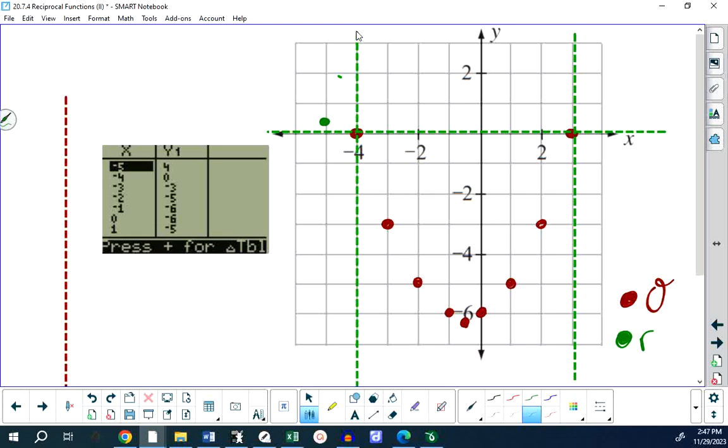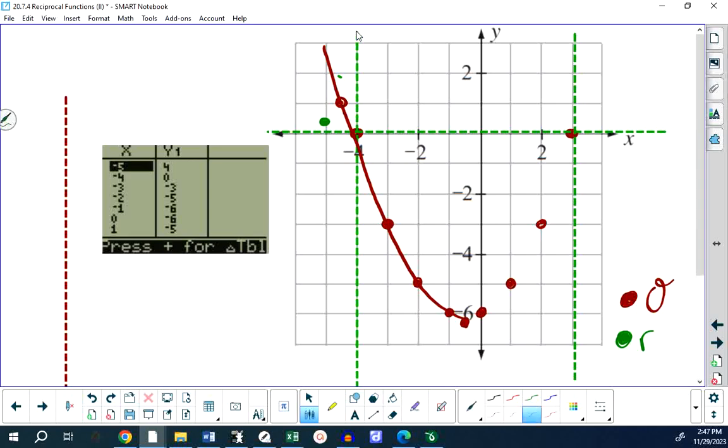And I hope everybody sees that this original graph is going to go up through here, and it will have a y coordinate of 1 somewhere, and the reciprocal of 1 is still 1.